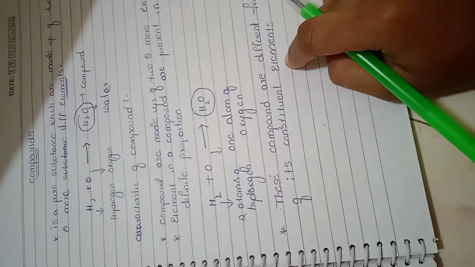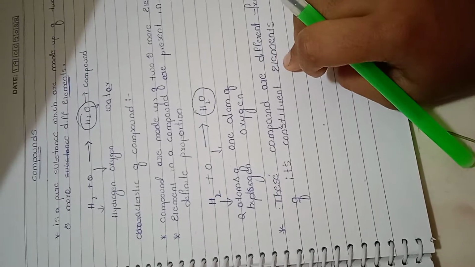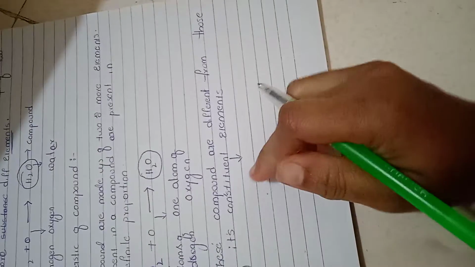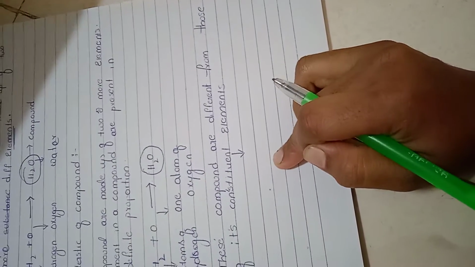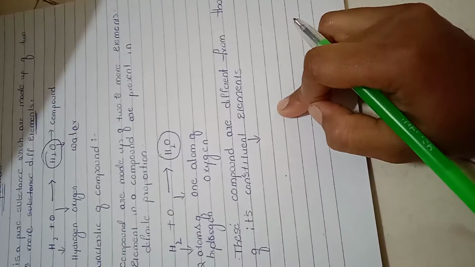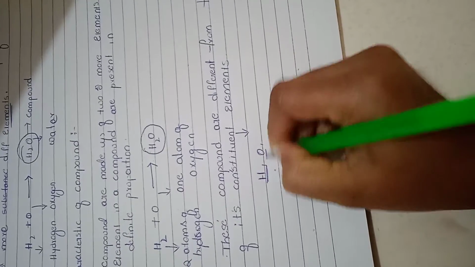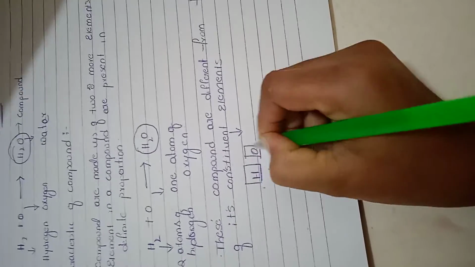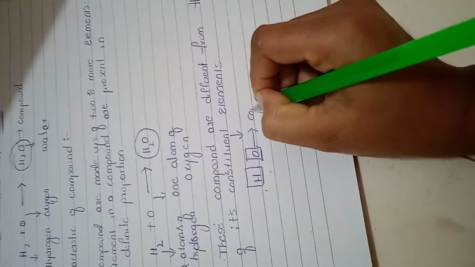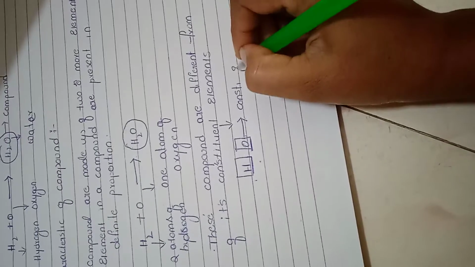The compound made with hydrogen and oxygen has properties completely different from hydrogen and oxygen, which are called the constituent elements.